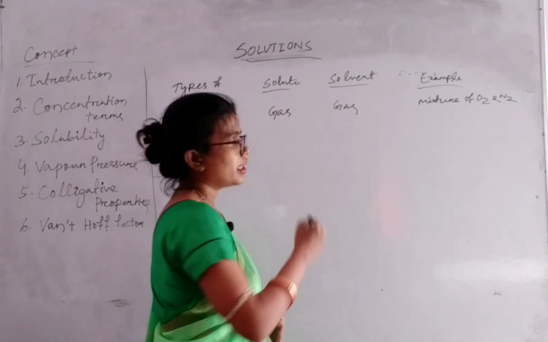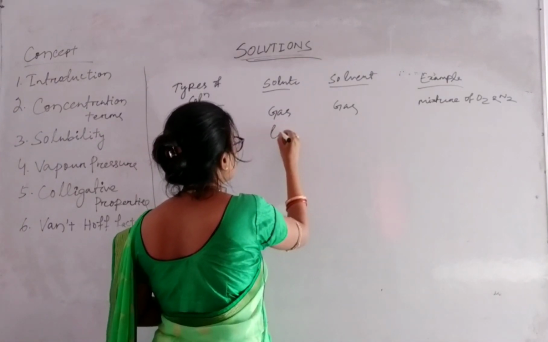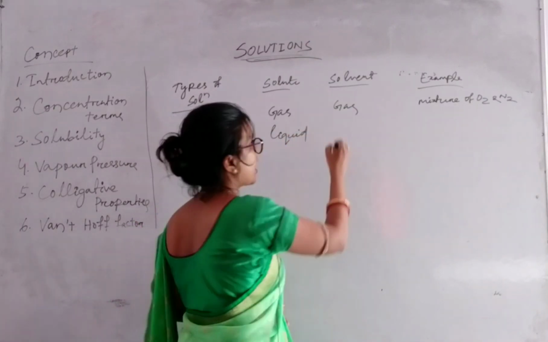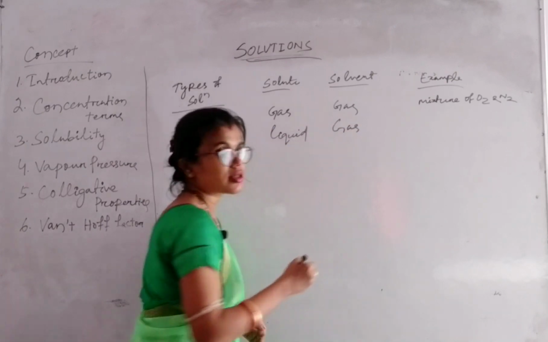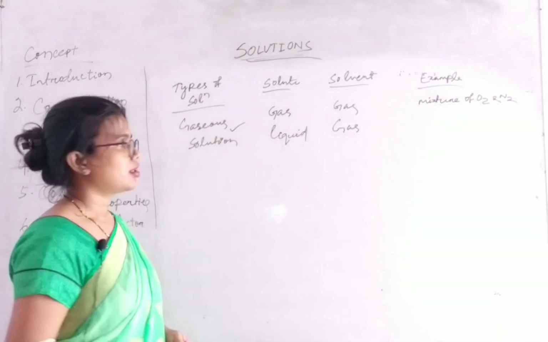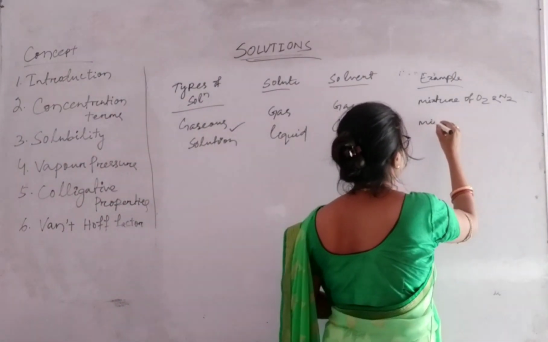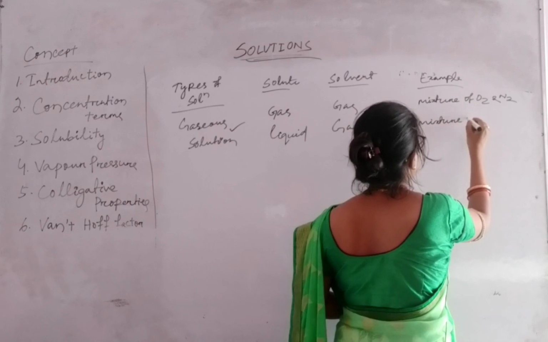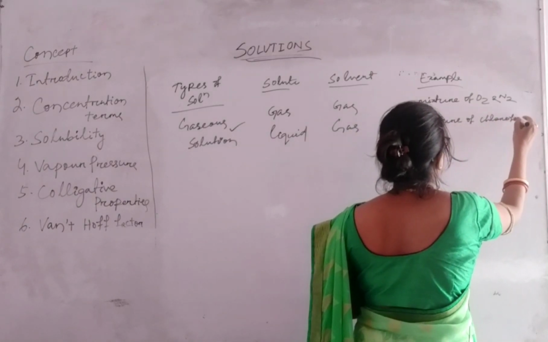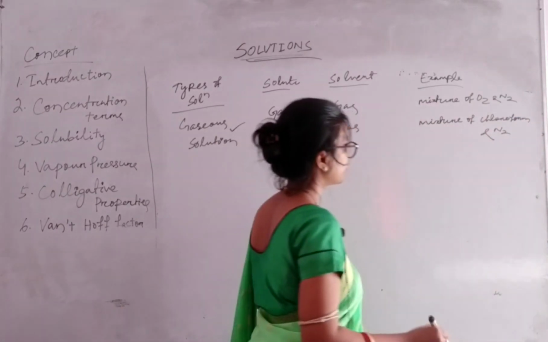If solute is liquid and solvent is gas, then the solution is called a gaseous solution. For example, a mixture of chloroform and nitrogen.